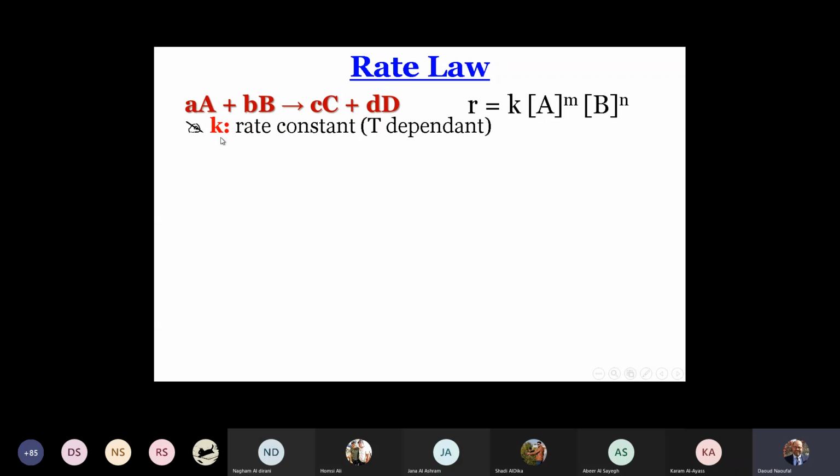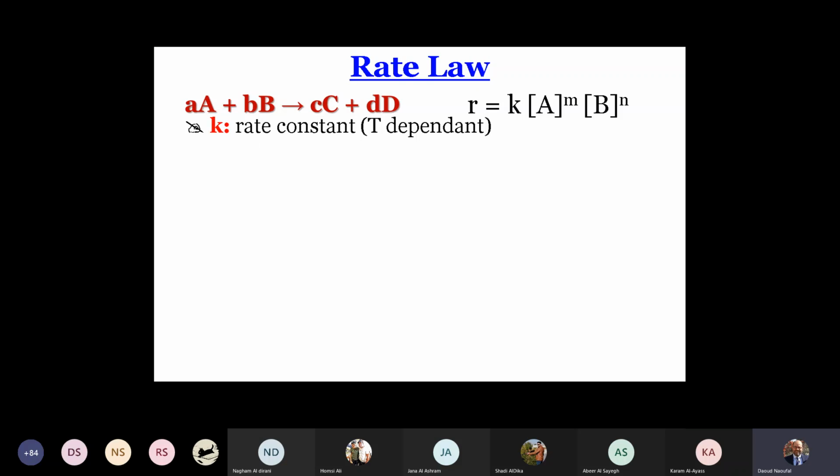So K is a function of the temperature. Since we did the reaction in one experiment at constant T, for a known T, K is constant and is called the rate constant.